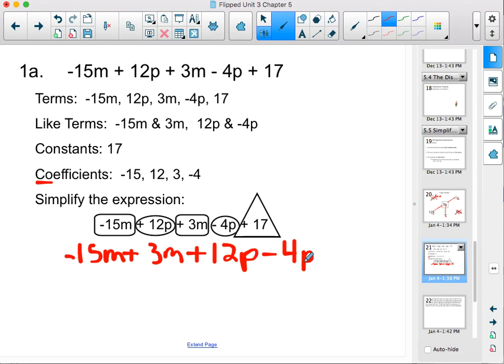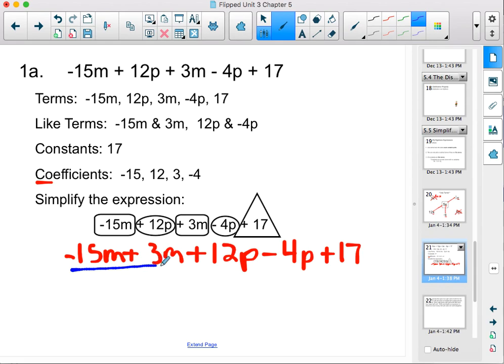And the last term is my plus 17. So all I've done in this step to simplify this expression is take my circles and my boxes and regroup my like terms together. That's called the commutative property. I'm just reordering the problem. I can do that as long as I take the sign with the term.